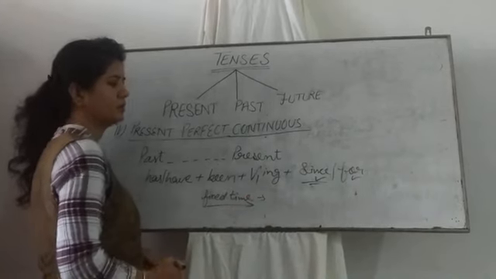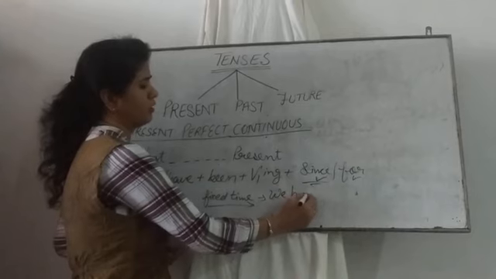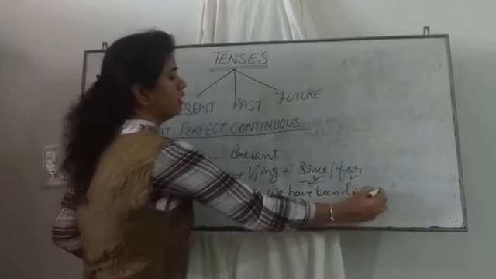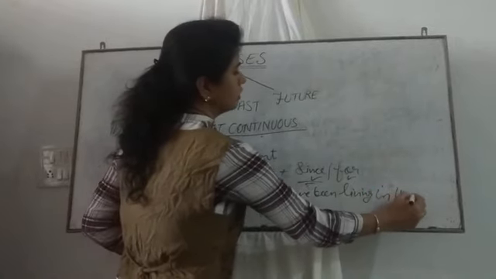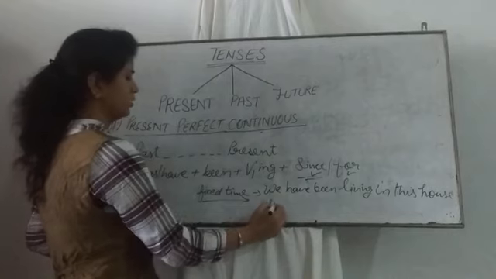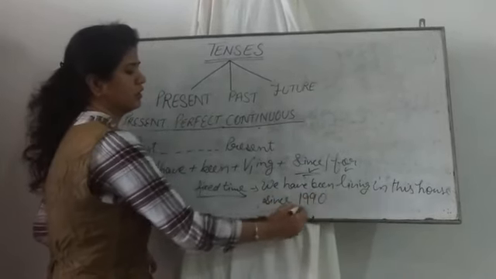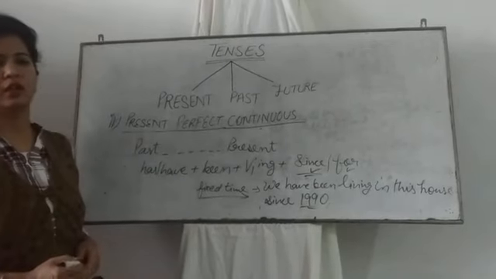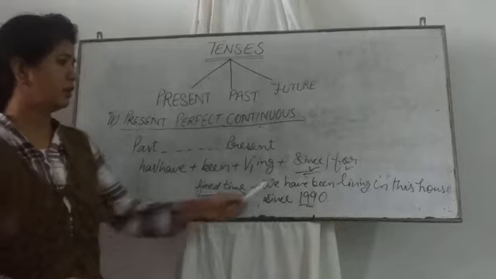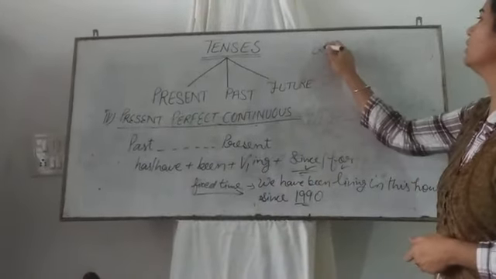For example, we have been living in this house since 1990. It's a fixed time. In that case we use since.